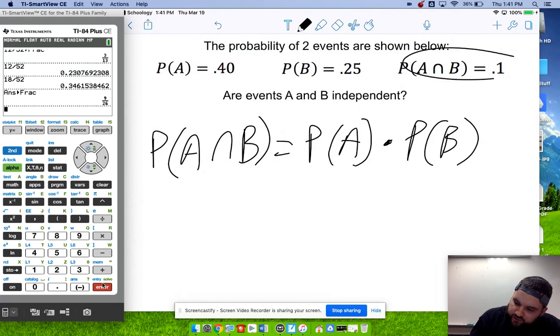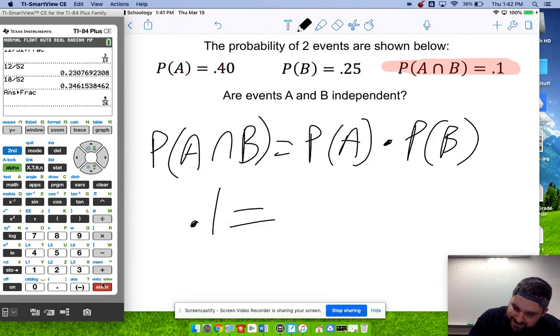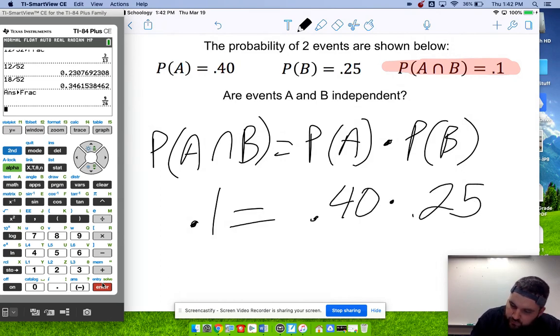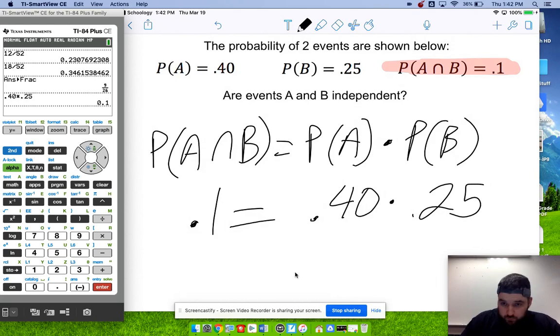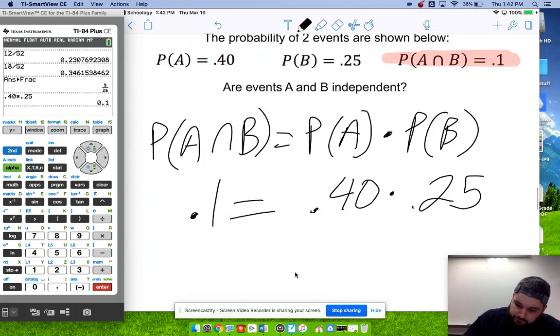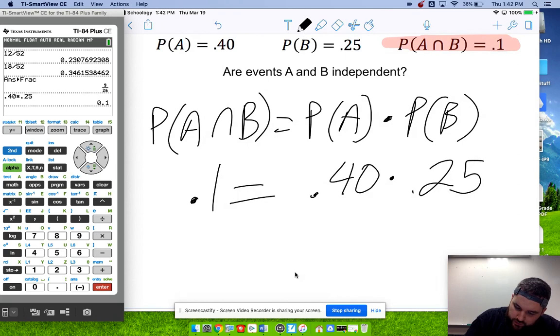So if we just plug in the values that we have, the probability of A and B is 0.1. And is that equal to 0.40 times 0.25? I can just type that in real quick and see what I get. Sure enough, it's equal to 0.1. So yes, the events are independent.